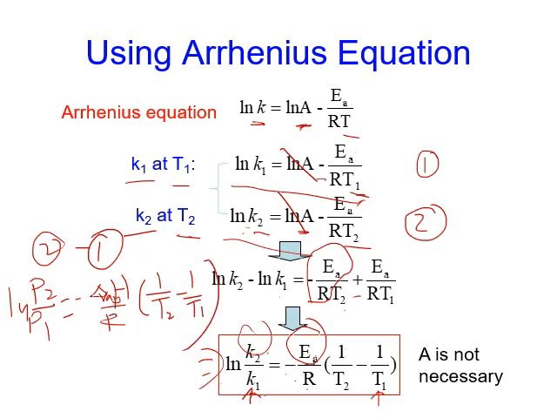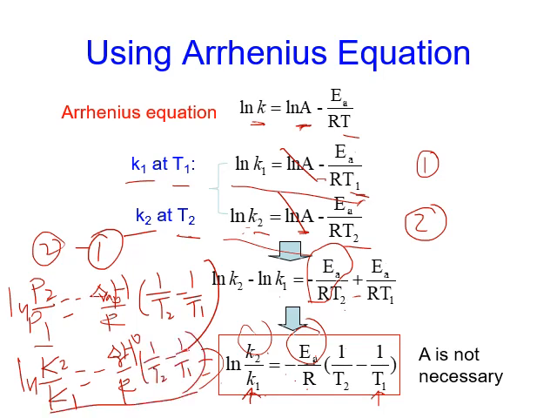So this tells you the vapor pressure of the liquid at a different temperature. Another equation is the van't Hoff equation, ln of K2 over K1 equals negative delta H reaction over R times (1 over T2 minus 1 over T1).